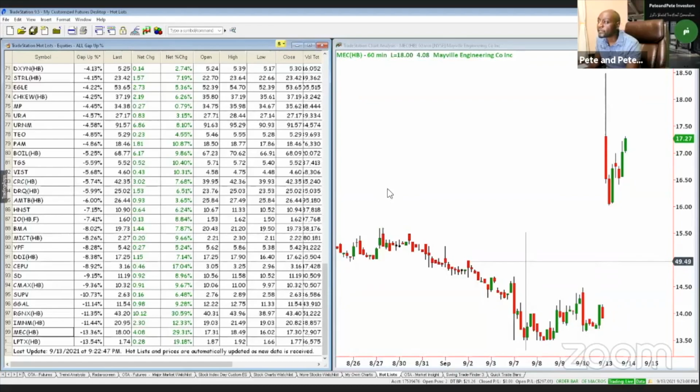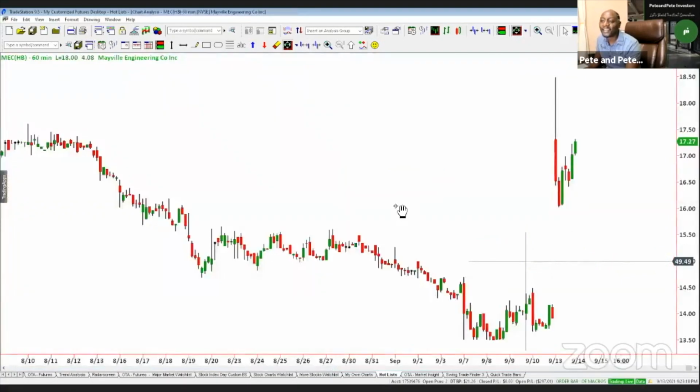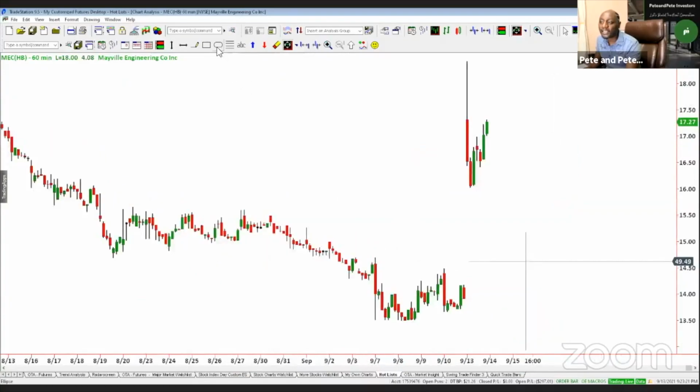So to use the tool, oh, let me minimize first. So we did find the hot list and it's attached to the chart. So remember, you can maximize any of them. So in this case, we are maximizing the chart, right? And the purpose for that ellipse for me in particular is just to identify a gap and draw it out.